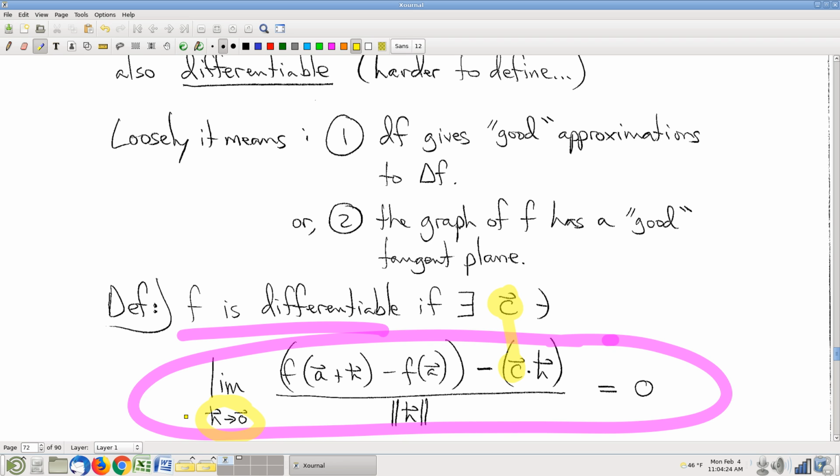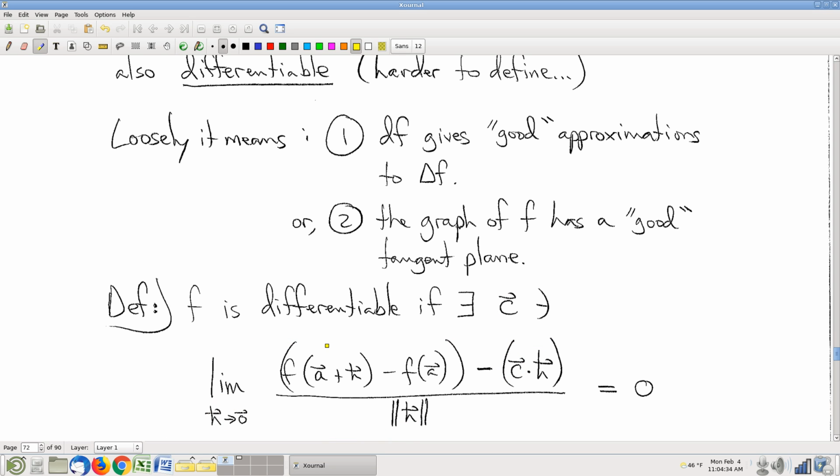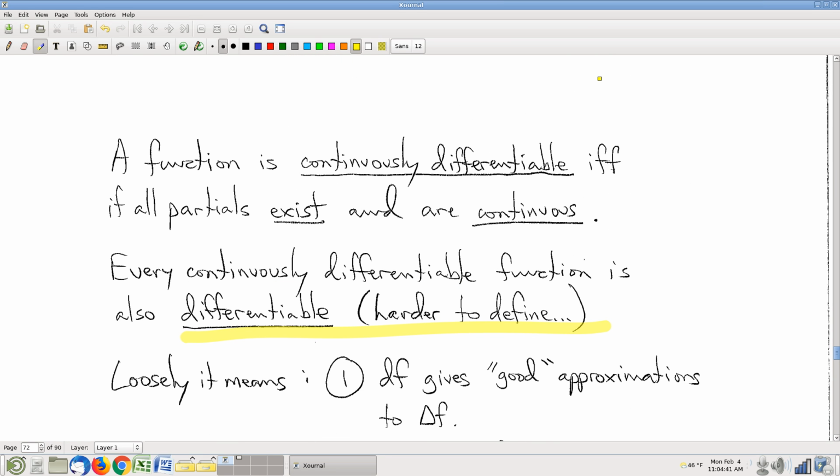And why this is the expression that we should be looking at is a 20-minute discussion that we just don't have time for. So anyway, I want you to be aware that differentiability is hard to define, but easy to confirm. All right, everybody on board? Any questions? Feel free.